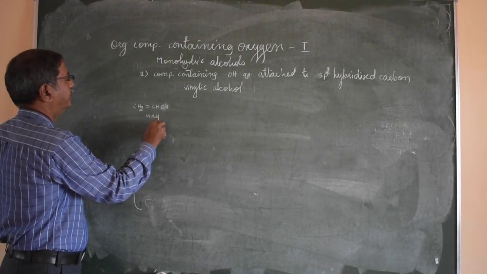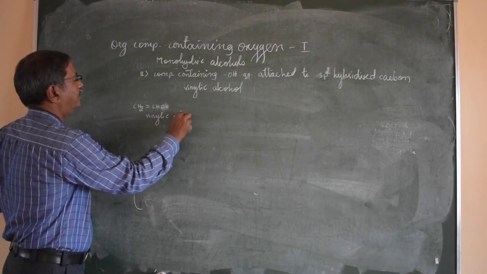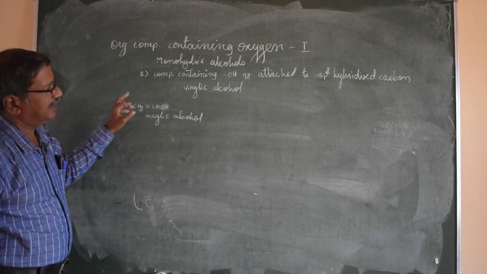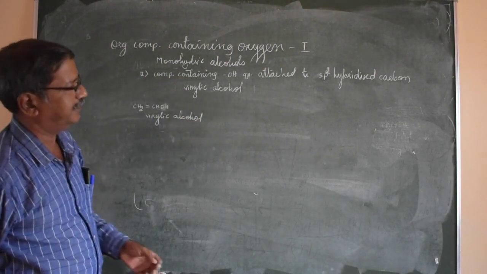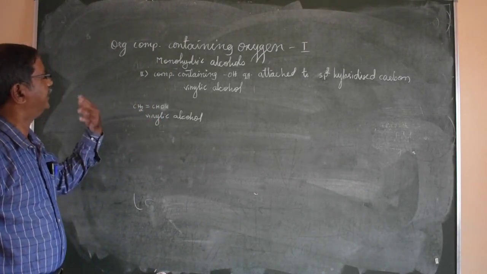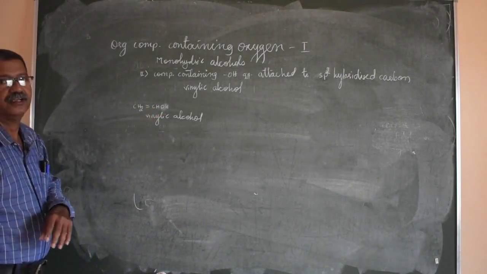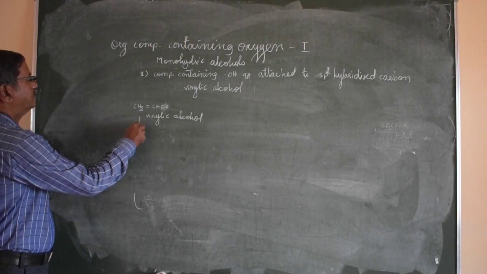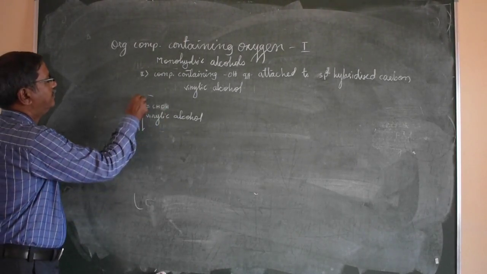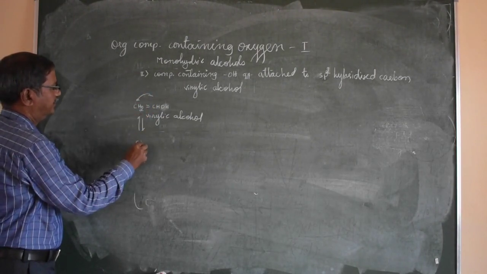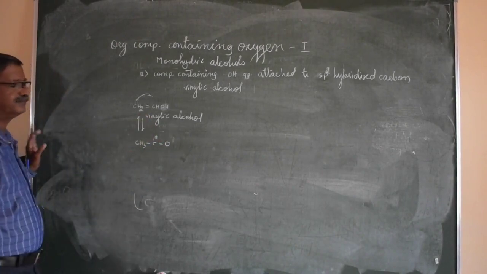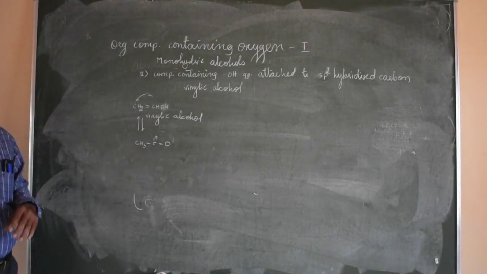It may undergo rearrangement. So we don't have a discussion on this compound containing OH group attached to sp2 hybridized carbon, because it sometimes undergoes rearrangement and converts into the aldehyde. The hydrogen may pass to the other carbon and it may change to CH3, CH double bond O, so it may change to aldehyde.